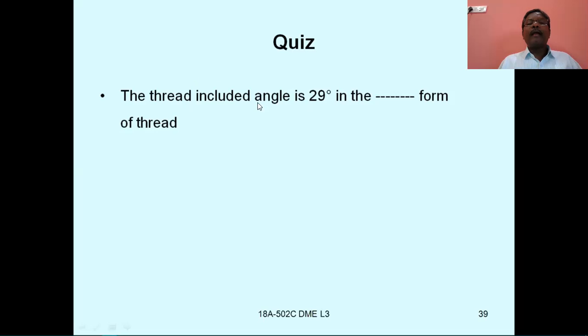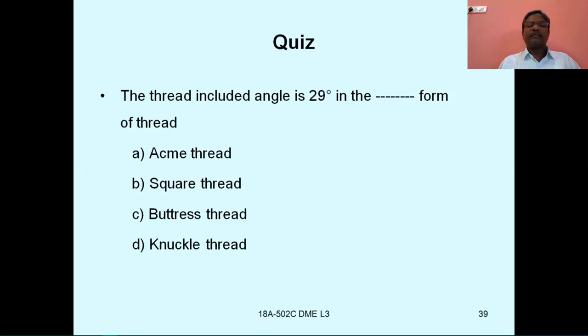The thread included angle is 29 degrees in the dash form of thread: Acme thread, square thread, buttress thread, knuckle thread. All these are power transmitting threads.